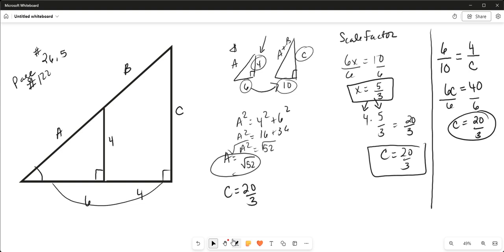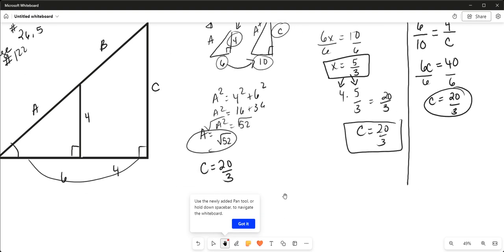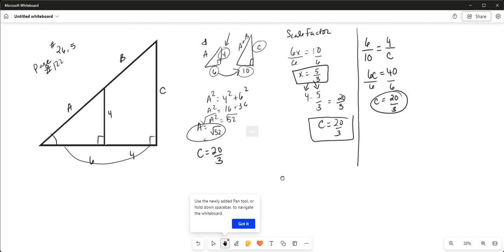Okay, now we're going to find that last missing side. This is the one that I got tripped up on yesterday. So I'm going to show you how to do it with scale factor and with proportions. With scale factor, we're going to take that missing side and start out with a.